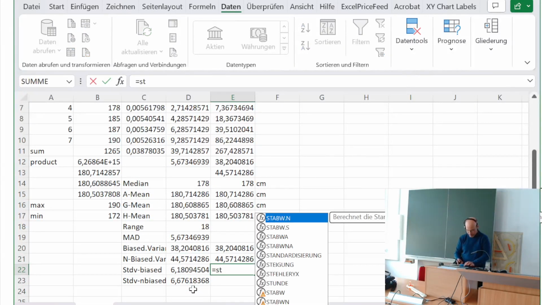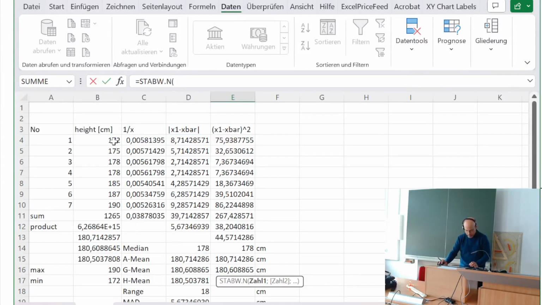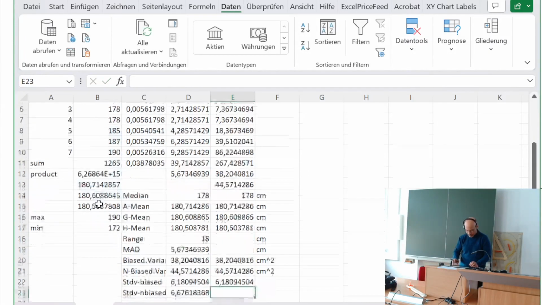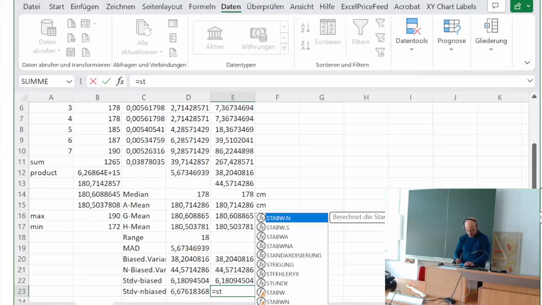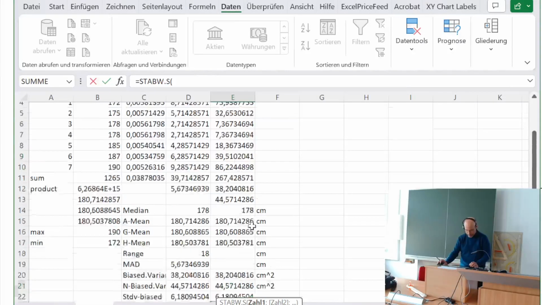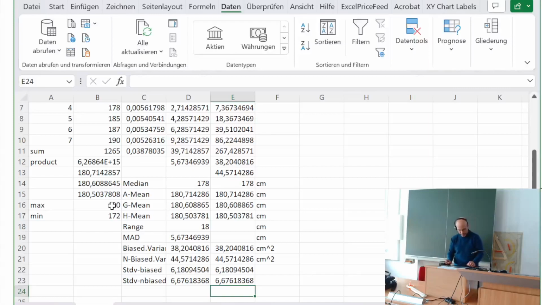And here, standard n is then hopefully the same number, and standard s is also the same number.